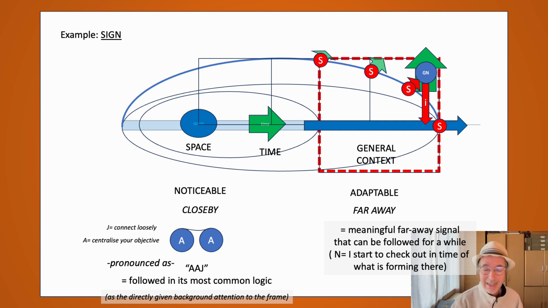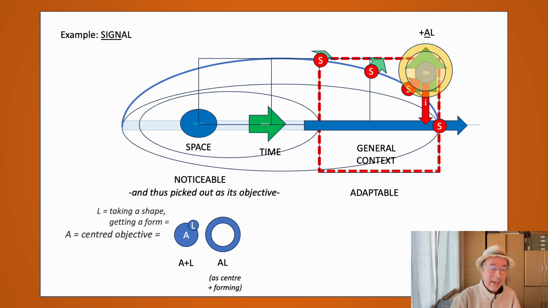But the plus A and L. A is again this objective, this centering objective. I try to center, I try to focus, I try to make a center point where I can make an objective logic from it. The L, you can look it up in the scheme, is what is making a form, what is bringing a shape. So I'm shaping my logic there.